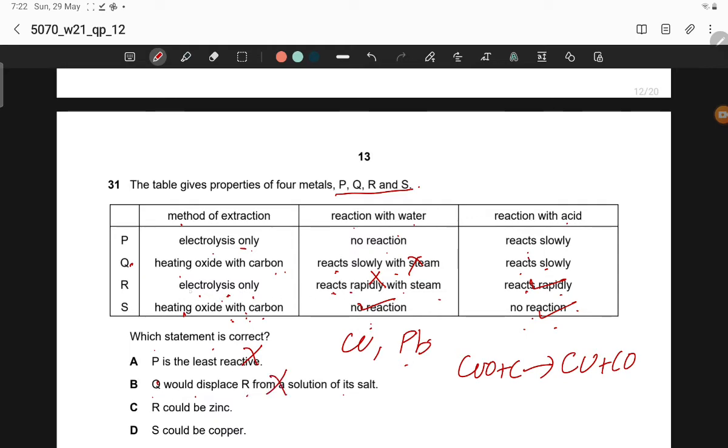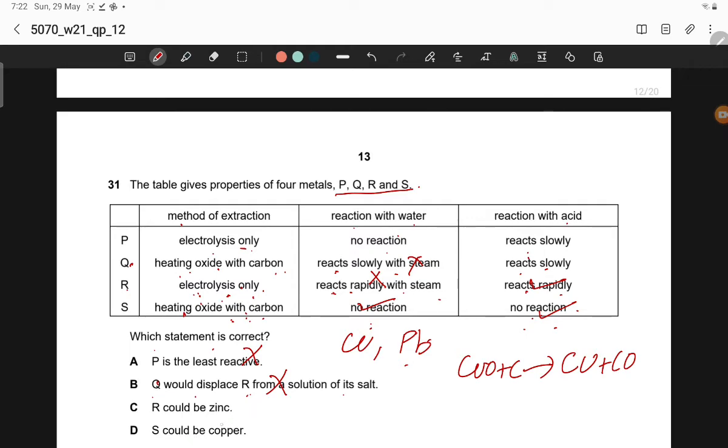So it is incorrect, because Q is less reactive than R. R can be extracted by using electrolysis only, and Q by heating the oxide, so the metals which can be extracted by electrolysis only are more reactive. So it is incorrect.